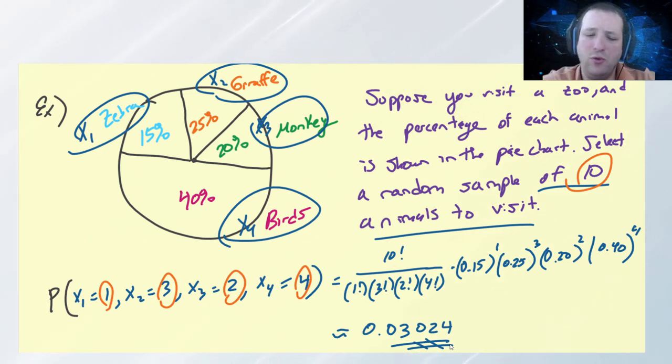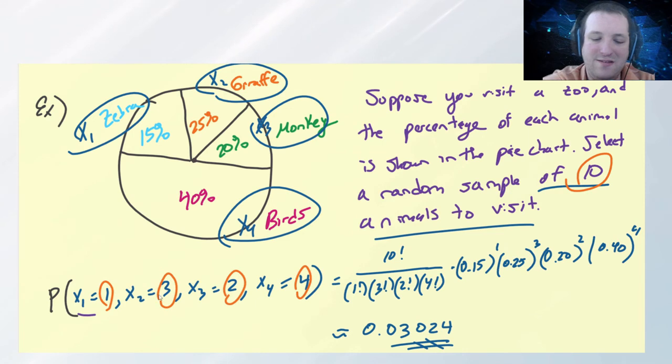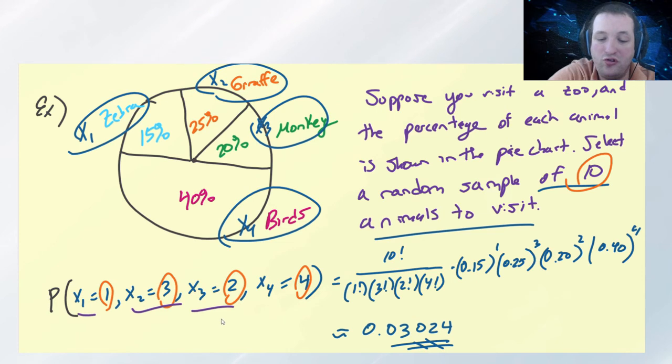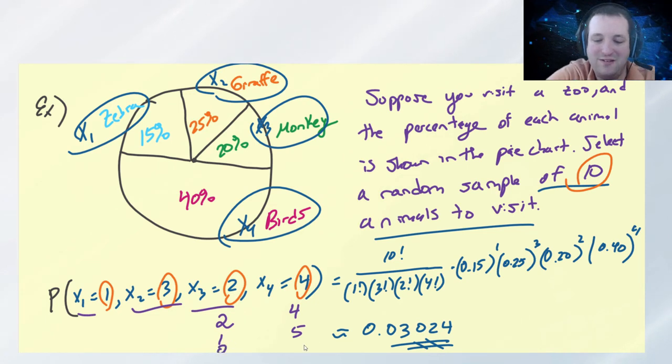Now, if you were asked what is the probability that in your sample you could have one zebra, 3 giraffes, and at most 2 monkeys, right? If I say at most 2 monkeys, that would be 2 and that would be 4, that would be 1 and that would be 5, and that would be 0 and that would be 6, right?